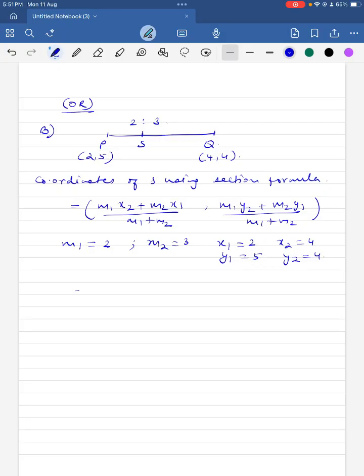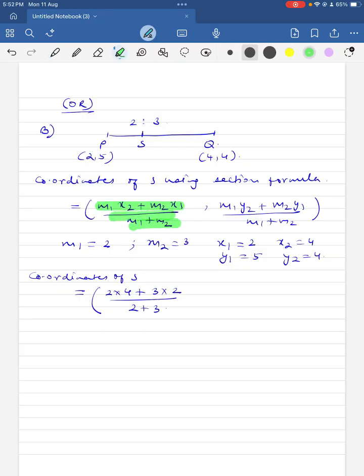Okay, so coordinates of S I can find by substituting these values. So 2 into 4 plus 3 into 2 divided by 2 plus 3. I've just substituted the values in this formula. And comma 2 into 4 plus 3 into 5 divided by 2 plus 3.